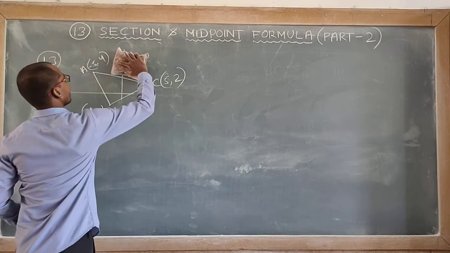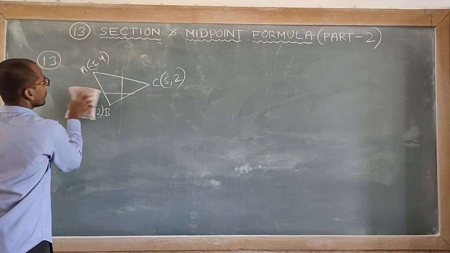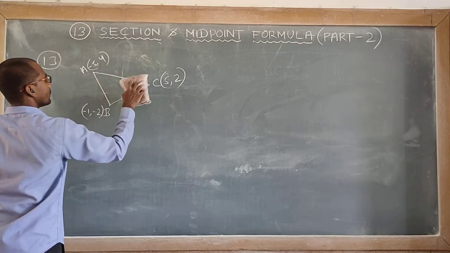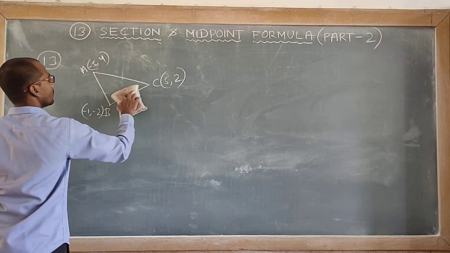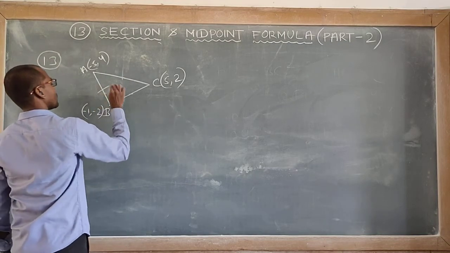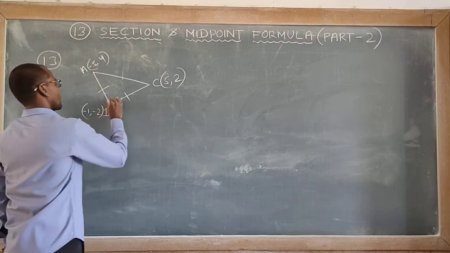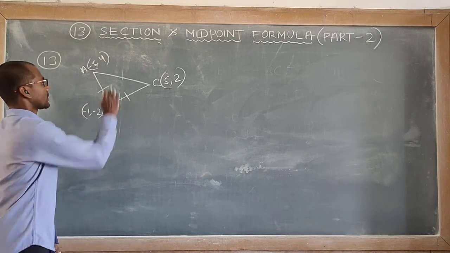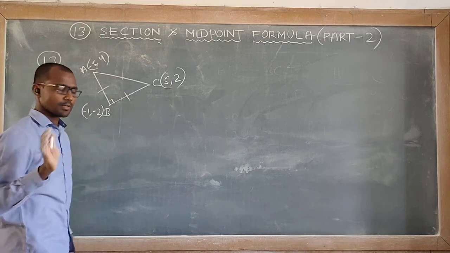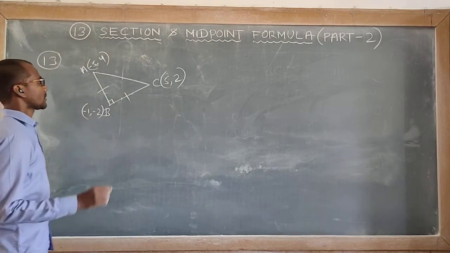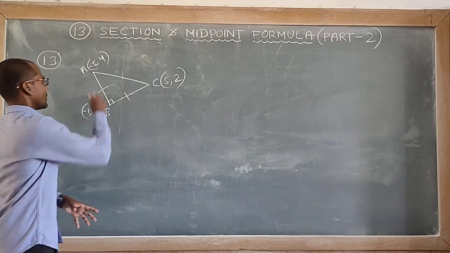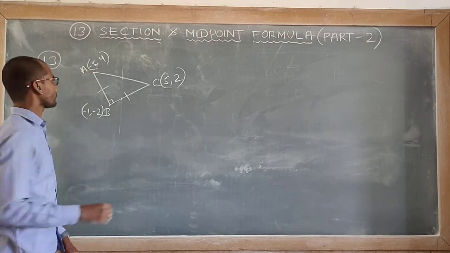This we don't need. We have already got that. This is equal to this, and this is 90 degree, because AC is the hypotenuse. If AC is the hypotenuse, then obviously angle B is 90. So we have to find the coordinates of the point D such that ABCD is square.